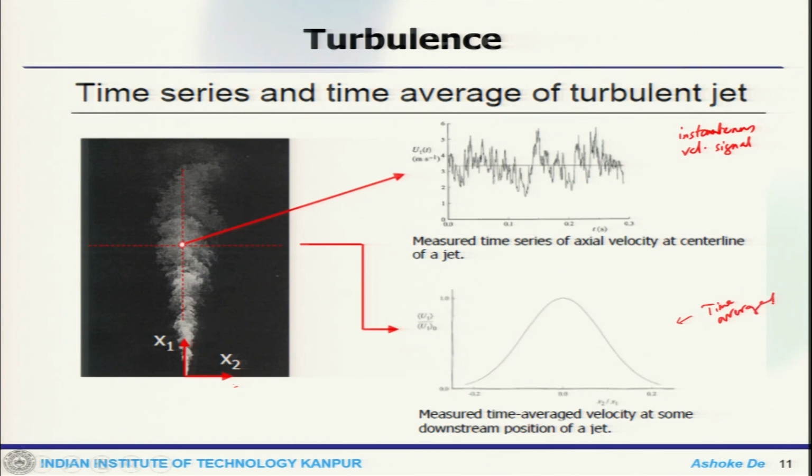The time averaged one will give you some sort of a mean profile at this particular location, and from the center line it will tell you, on either side of the axis, how it spreads. Already we have seen for a laminar jet that there are two important things one needs to know to characterize this kind of jet flow: the jet spreading and jet spreading angle, which is related to the jet half width.